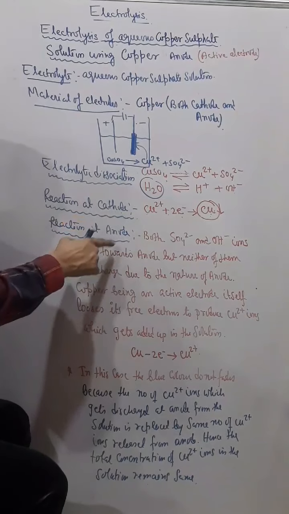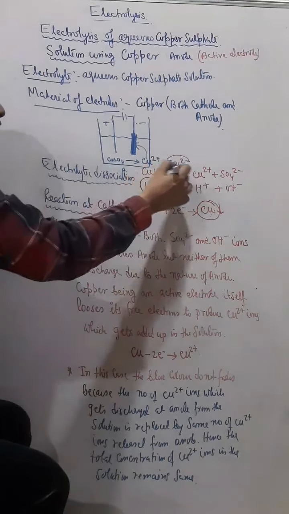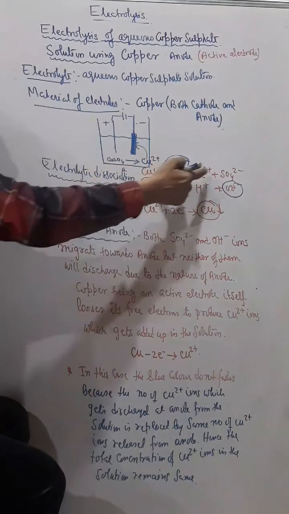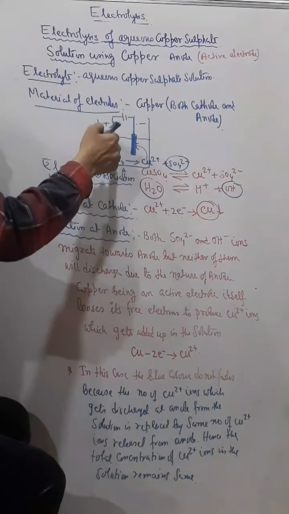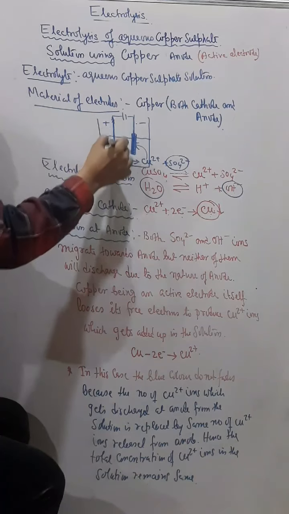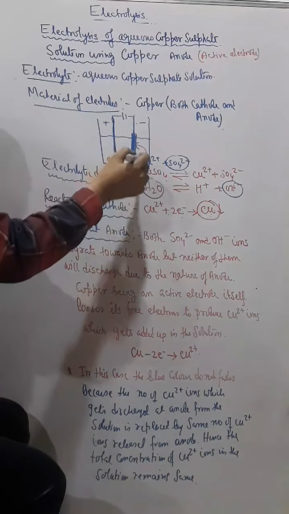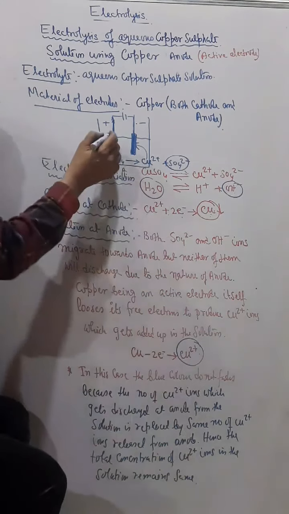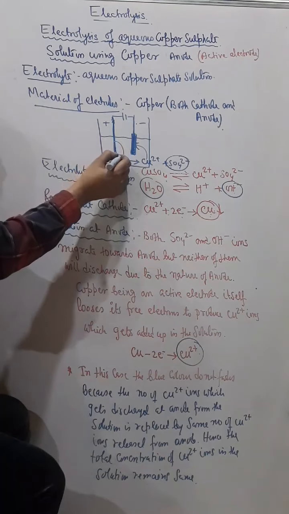And on the other hand, at the anode, both SO4 2- and hydroxyl ions run towards the anode, but neither of them gets discharged, because this copper anode itself will lose electrons and form Cu2+ ions, and that Cu2+ ion is released from the anode.